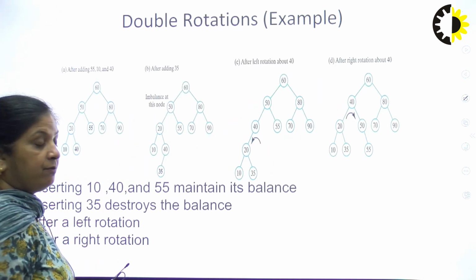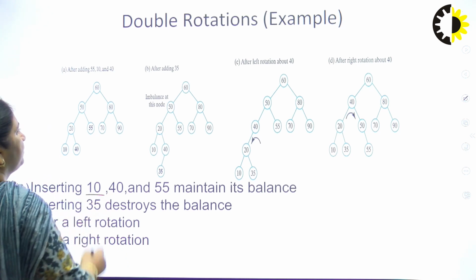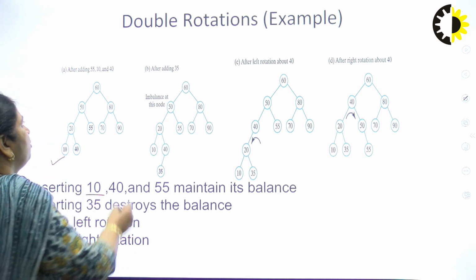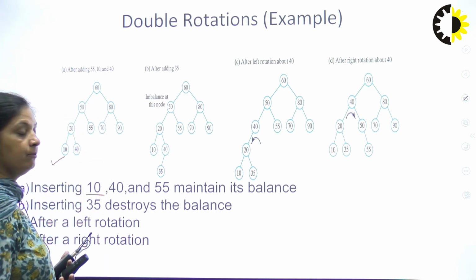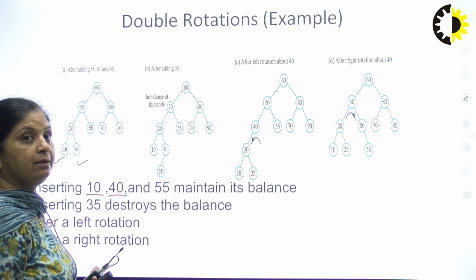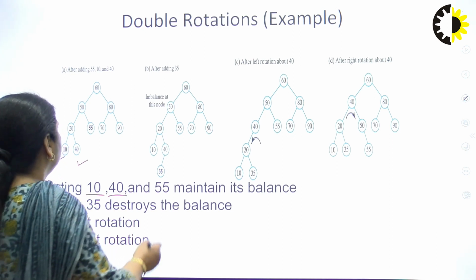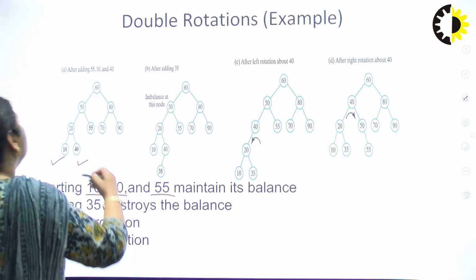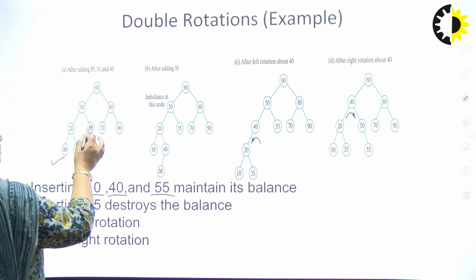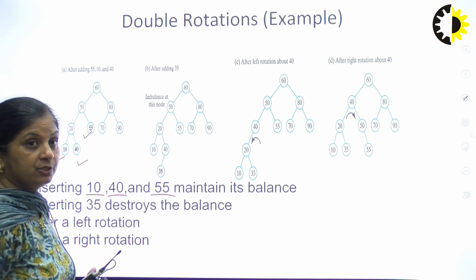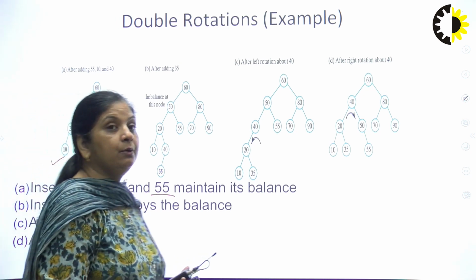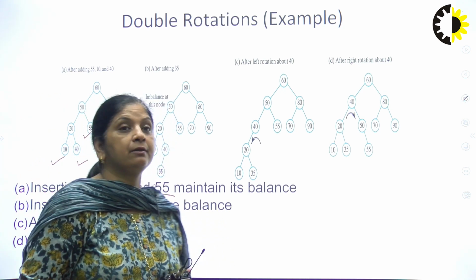Now next, what did we insert? 10. 10 will be inserted here, no violation in height. Then 40, right side of 20, no violation in height. Now 50, again 50 will go to the left side and be adjusted at this location, so no change in the balancing of the AVL tree.